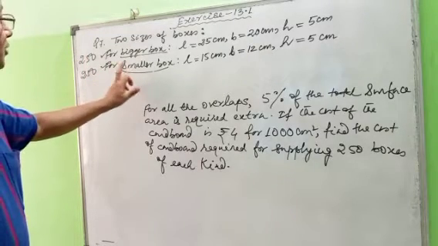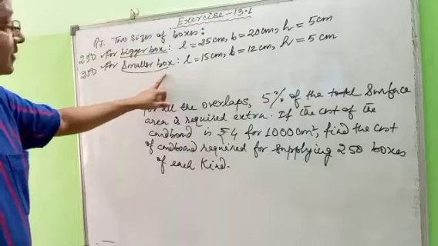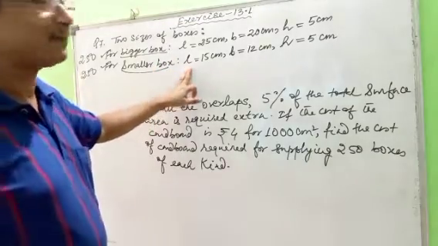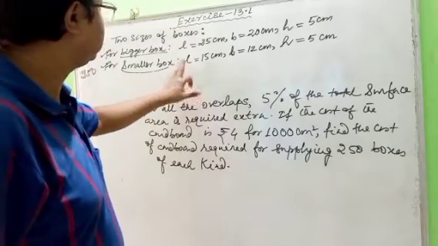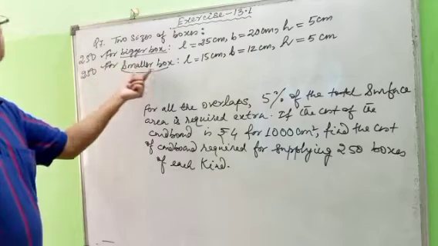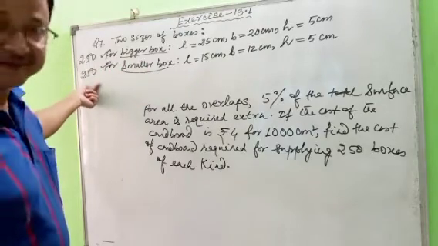Similarly, you are going to find the total surface area of a smaller box, that is also 2(length times breadth plus breadth times height plus height times length), and then you are going to multiply by 250 because the number of smaller boxes is also 250.